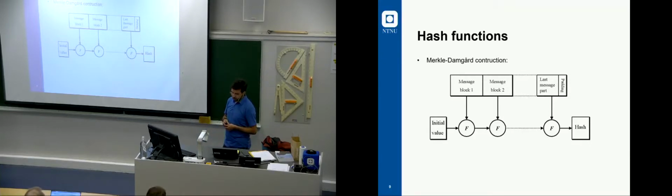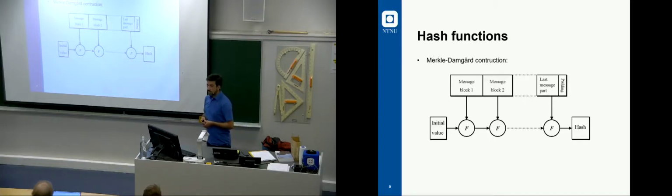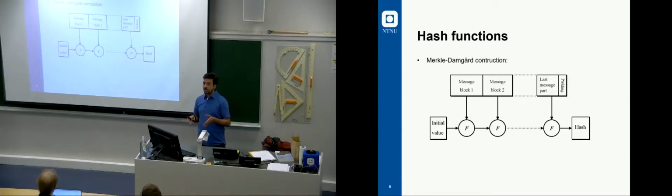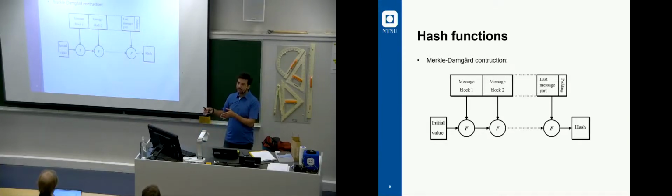If you see the message has been divided into blocks, and at the last is written padding. For example, if we divide the message into 512-bit blocks, and in the last block we have some characters of the message and the remainder is empty, we pad those empty spaces with some bits.